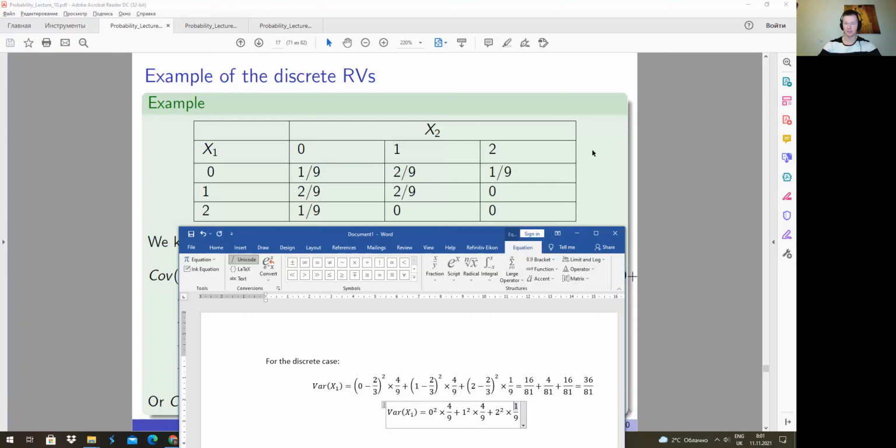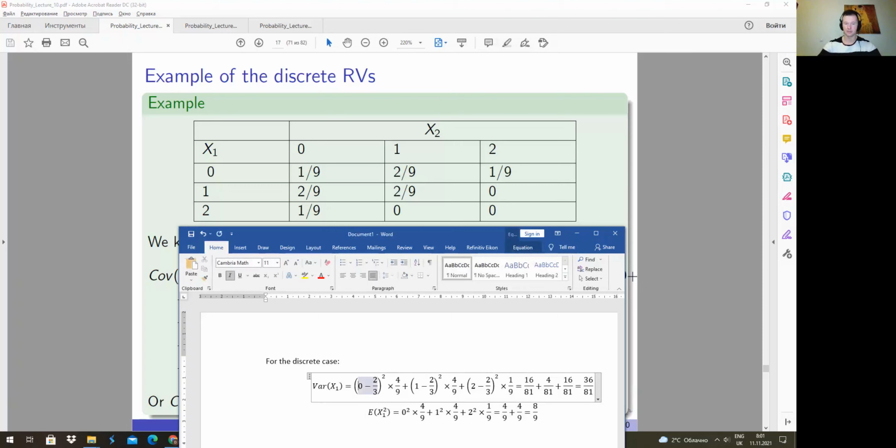This is the expectation of x squared. So here is 0, here is 4 over 9, and here is also 4 over 9. So in total I have 8 over 9.